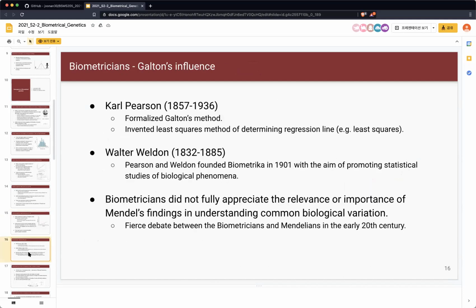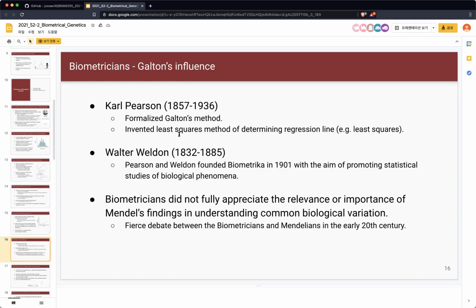Galton's experiments and arguments actually influenced many different mathematicians and statisticians, including Karl Pearson and Walter Weldon, and those people are the founders of modern statistics and modern mathematics. These people were totally shocked by Galton's genetics idea and Galton's measurements, and they used his data set and his experiment to try to formalize Galton's idea into a mathematical model.